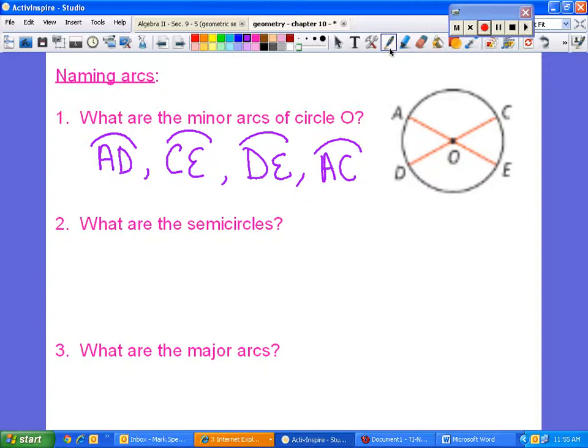So what you have to do when you're naming semicircles is pick another point. So we have semicircle DAC, and then we differentiate that from semicircle DEC.